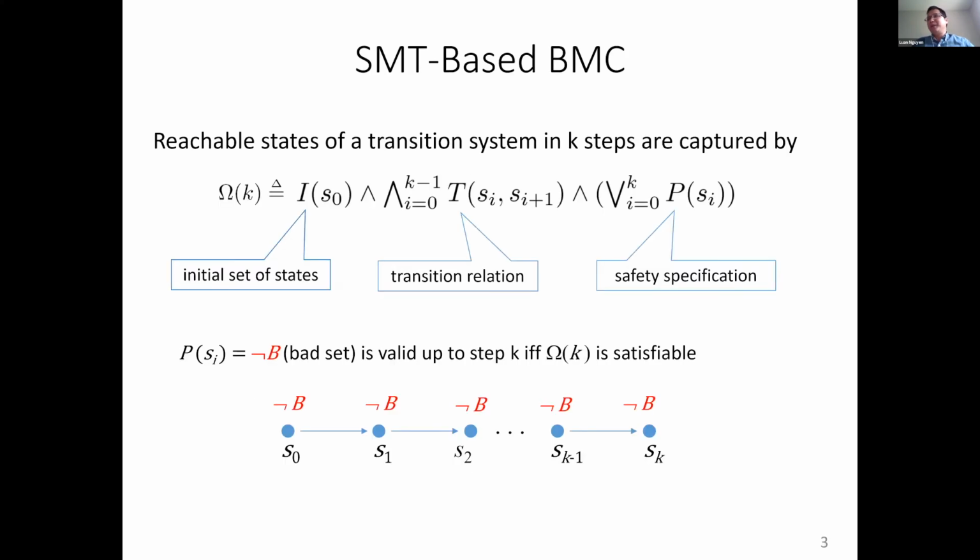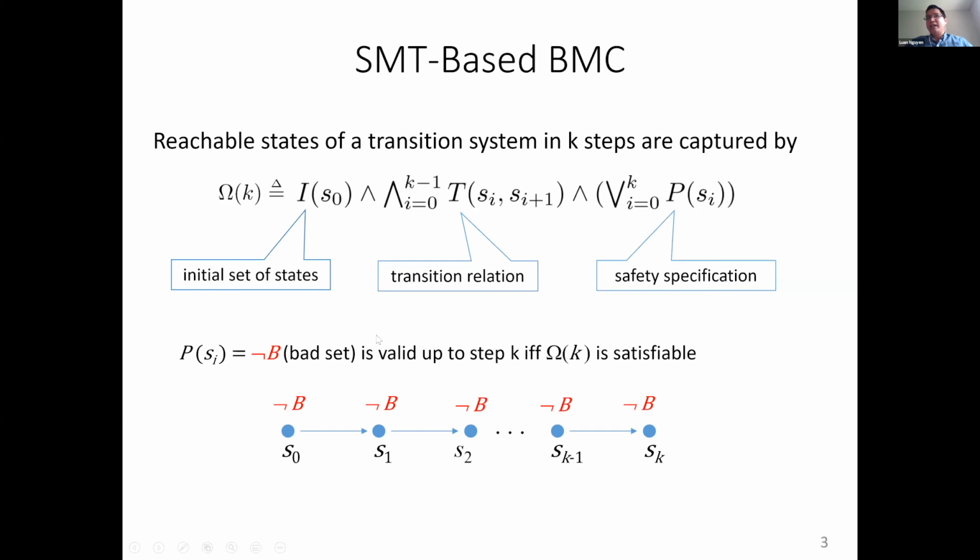Next, let me recall some very basic background on SMT-based bounded model checking. A transition system generally varies from the initial set of states, right? We also have a set of transition relations, which describe the transitions between states, and some safety specification.